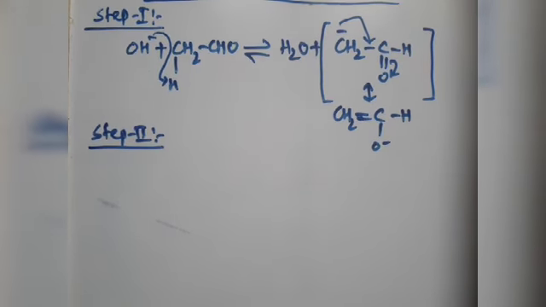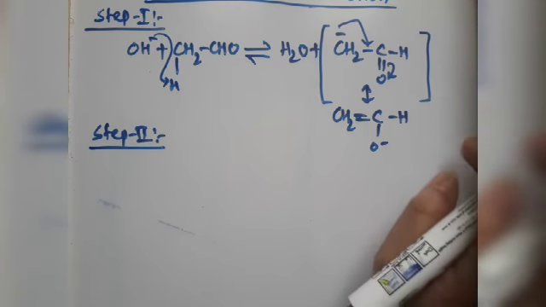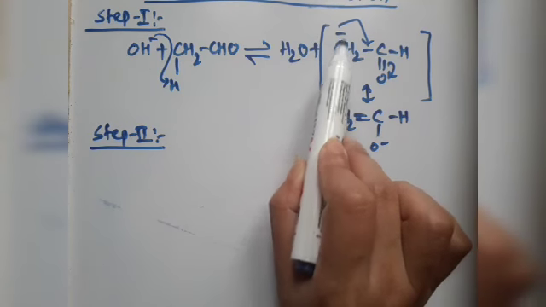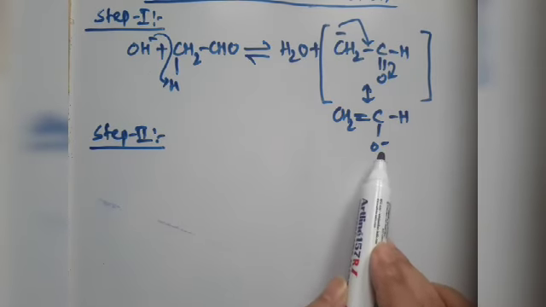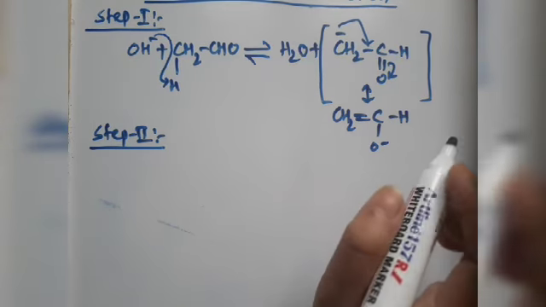So step 2. In step 2, this enolate ion will react with another molecule of acetaldehyde. So in this structure it has a negative charge on the carbon atom, and in this structure it has a negative charge on the oxygen atom. So which one is the better nucleophile? Carbon negative is the better nucleophile, right?